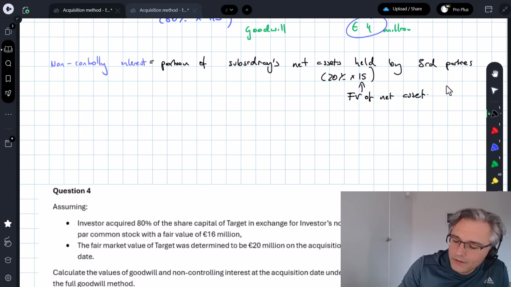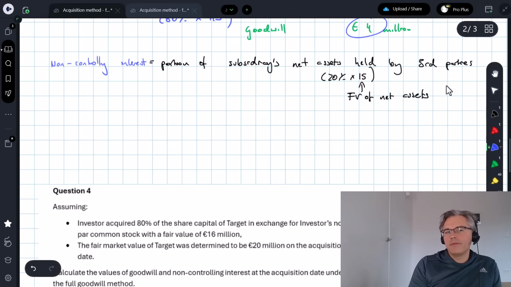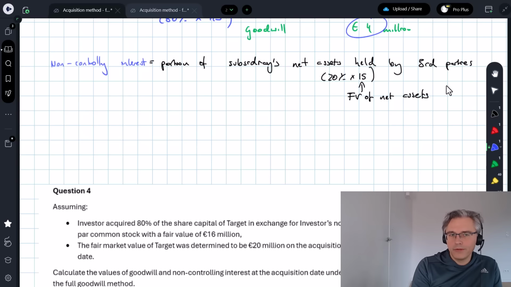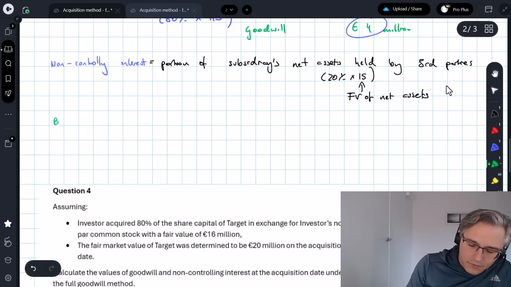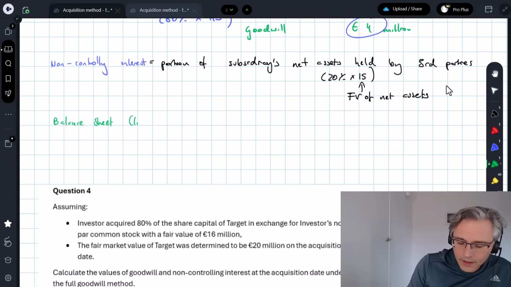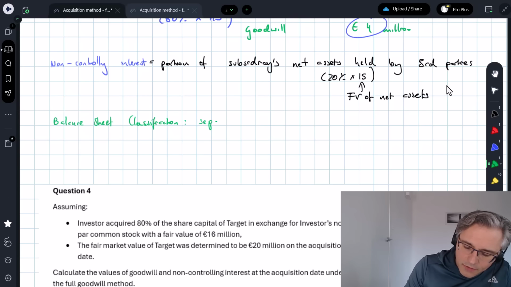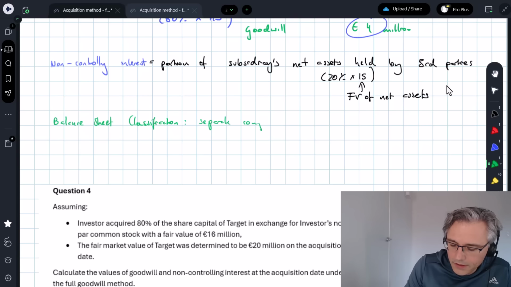But in a moment you'll see that there is another way to compute goodwill. It's called full goodwill. This was partial goodwill. And when you follow the other method of computing goodwill, you'll get a different result for non-controlling interest. Now, from the point of view of the balance sheet and the classification of non-controlling interest, it's a separate component of equity.